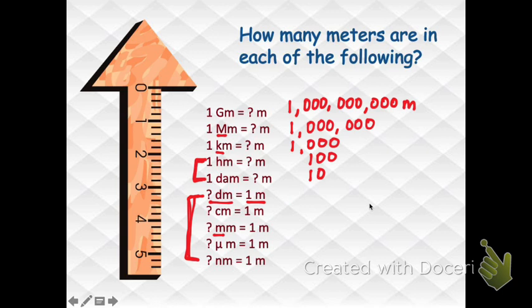Okay, so we're going to flip the question now. The previous grid told us a decimeter is 0.1 of a meter. But now I'm flipping the question and I'm saying, how many decimeters are in 1 meter? It would be 10, right? Because if a decimeter is 1/10 of a meter, then that means there must be 10 decimeters in a meter.